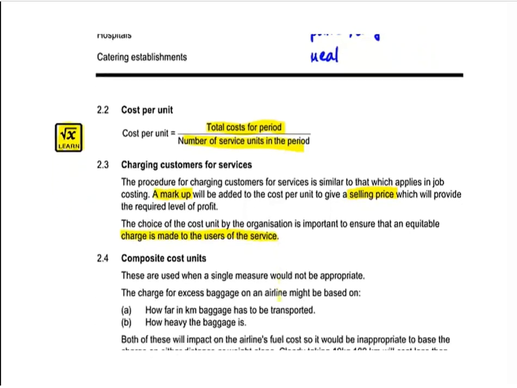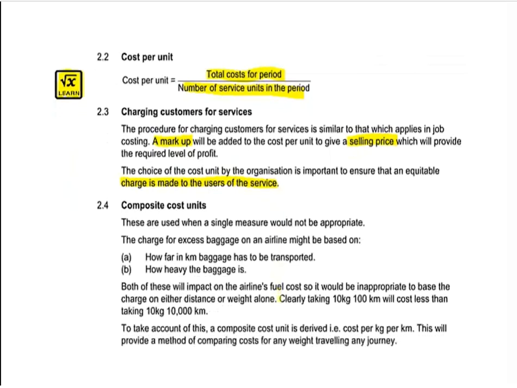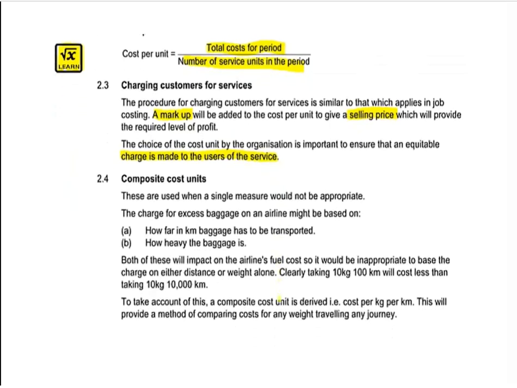In some types of services then, it's not going to be appropriate to use a single cost measure. So we might use a composite cost unit. For example, if we're thinking about excess baggage, it's going to be dependent on two things: the distance and the weight of the baggage. Both of these have an impact on the airline's fuel cost, and so we can't just base it on one of those criteria.